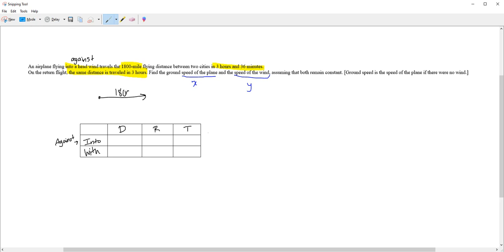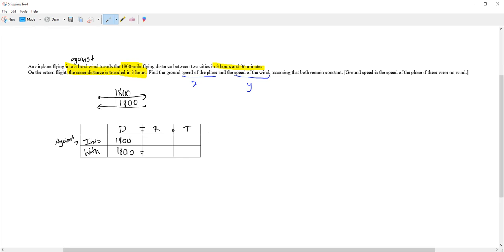I'm traveling there for 1,800 miles and I'm traveling back for 1,800 miles. The only difference is my time has changed. For both of these situations, we're going to use the distance equals rate times time table. Whether we went into the wind, against the wind, or with the wind, we traveled 1,800 miles, okay?